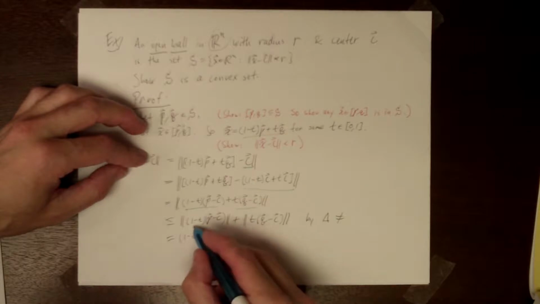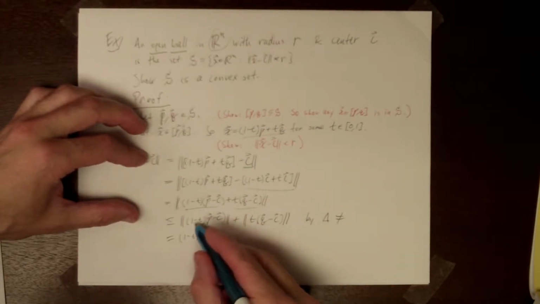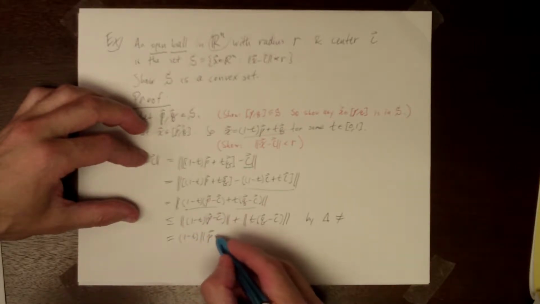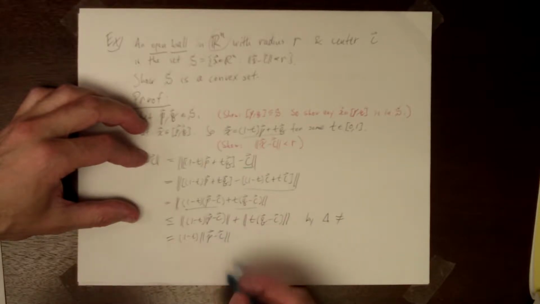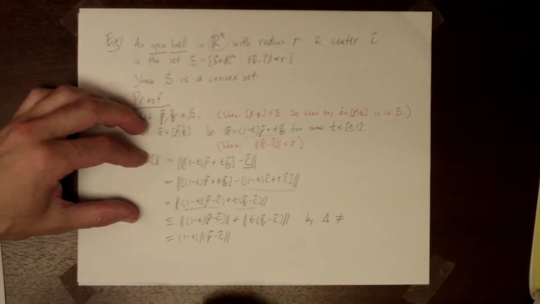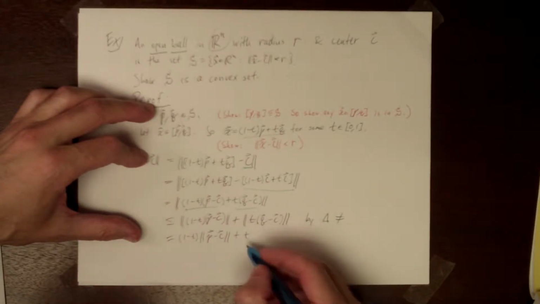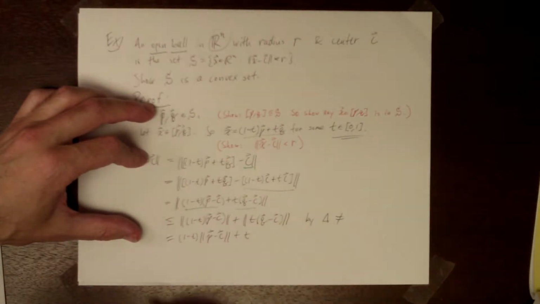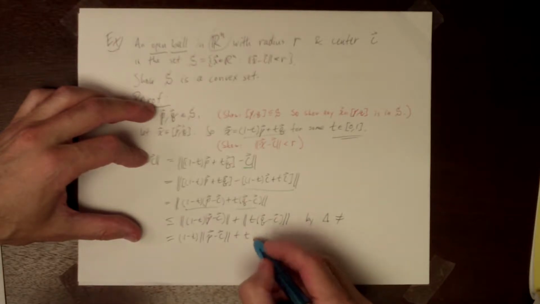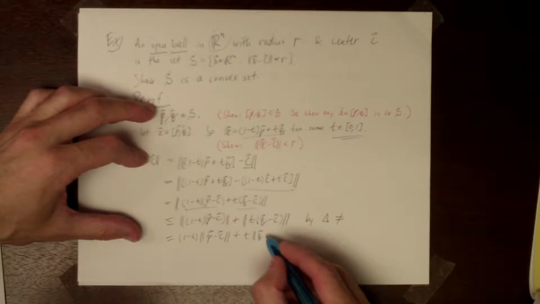They're non-negative scalars, right? So 1 minus T can pop out of there, and then we have the P minus C left in the magnitude bars, you might call them. Same here with T. Remember, T is between 0 and 1, so it's not negative, so it comes out cleanly. Then times the magnitude or norm of Q minus C.